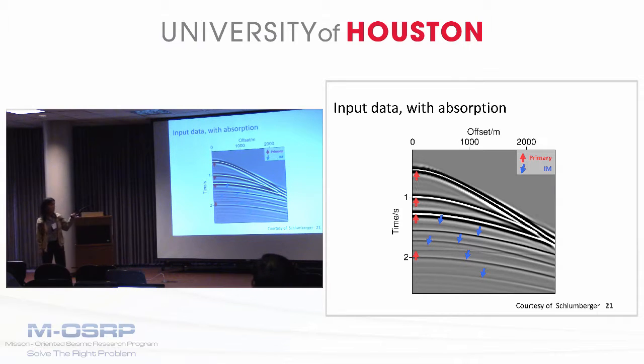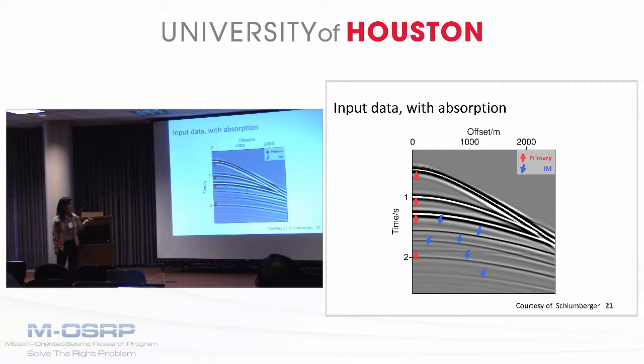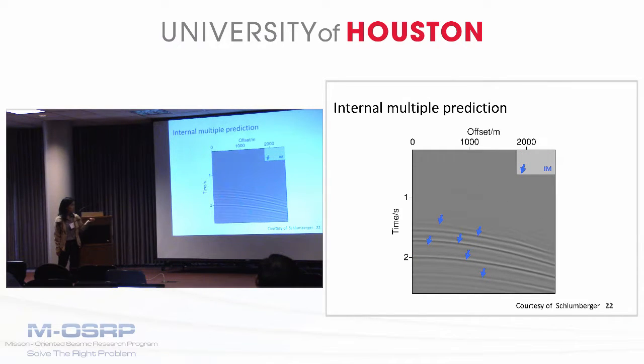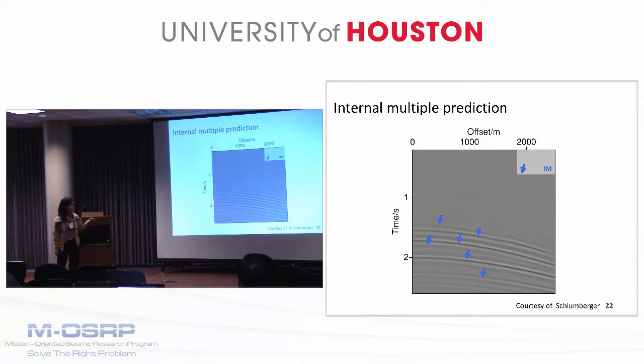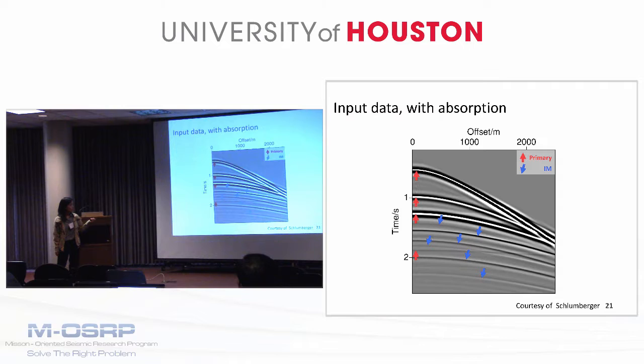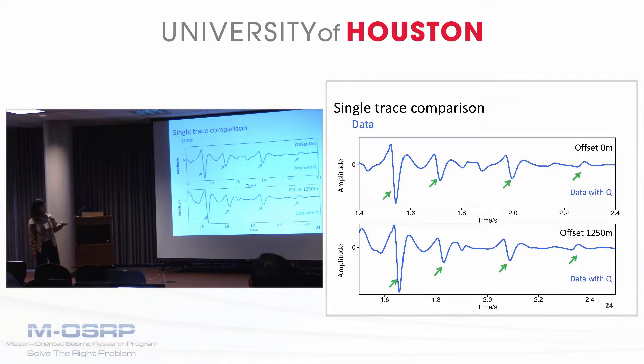Now let's input this Q absorptive data to that algorithm. You can predict the internal multiple as shown in these slides. Flip back and forth. Let's focus on the events indicated by those blue arrows. You can see the time match very well, and the amplitude is weaker. So we can further pick 2 traces for a closer look, one at the 0 offset and the other at far offset.